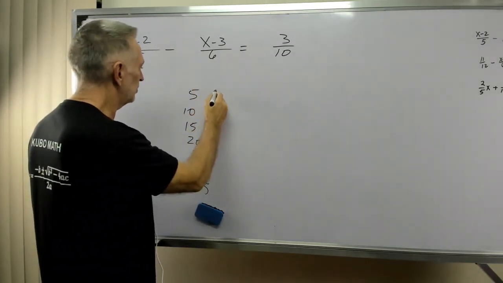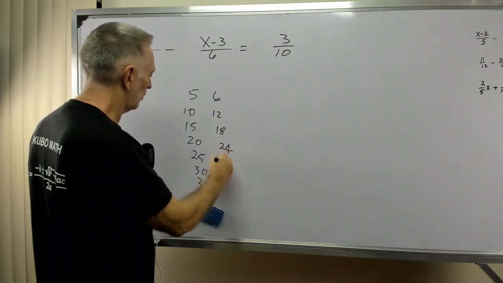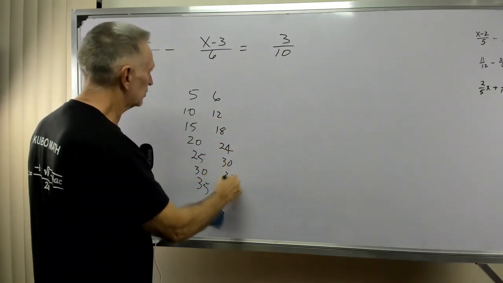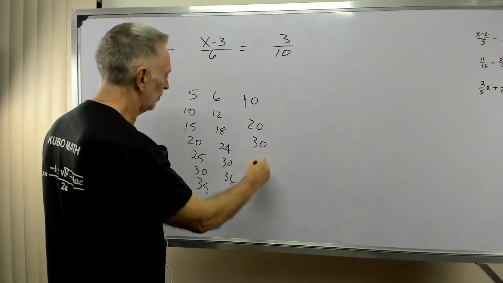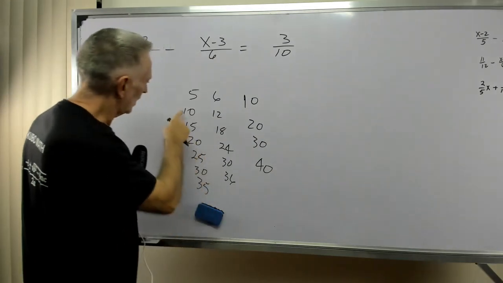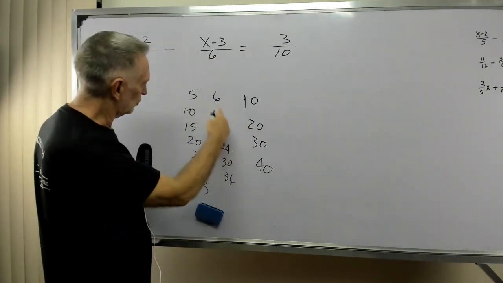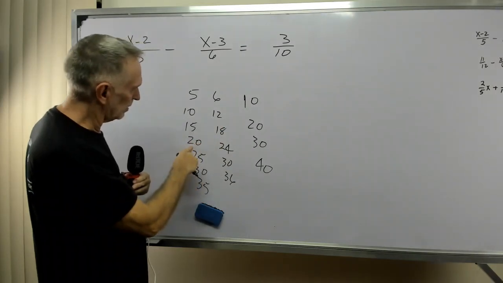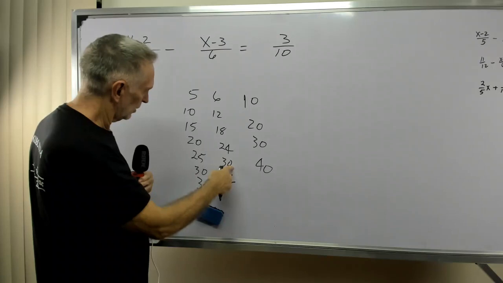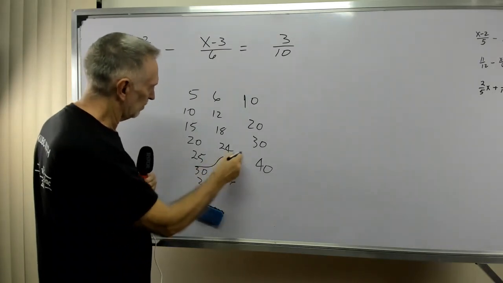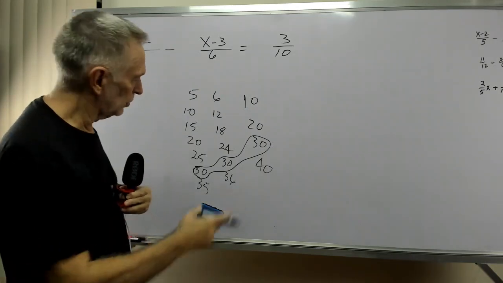Then 6 would be 6, 12, 18, 24, 30, 36. 10 would be 10, 20, 30, 40. Okay, you look through here. Do I have a 10 over here? No. Do I have a 20 over here? I have a 20 here, but I don't have one there. Can't use that. 30, 30, 30. Hey, okay, my least common multiple is 30. That's the way we used to do it.